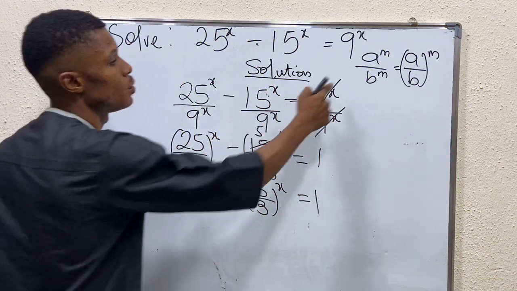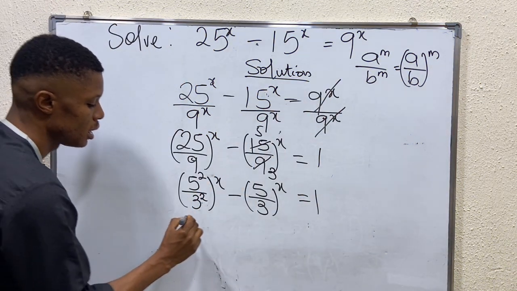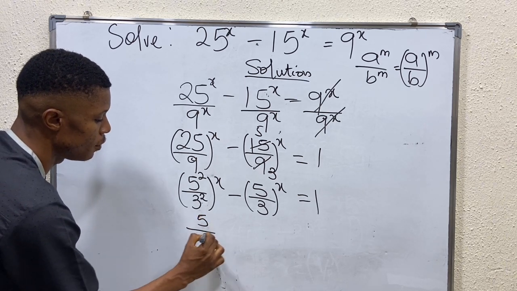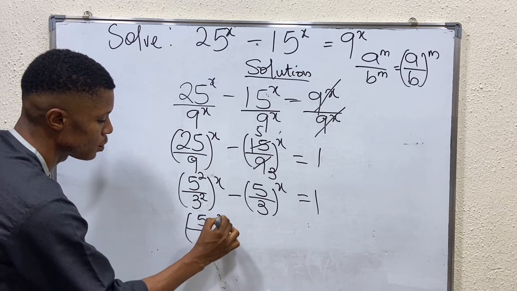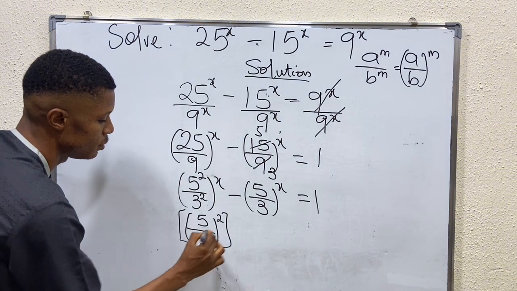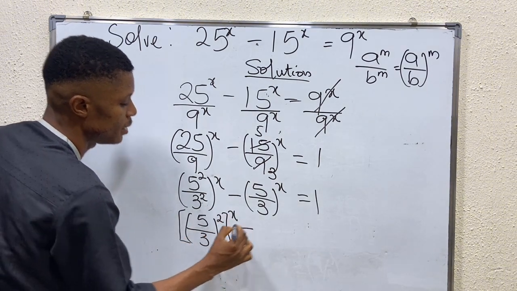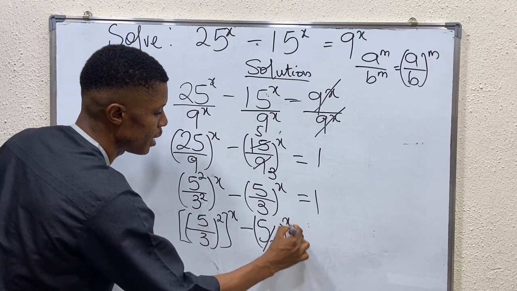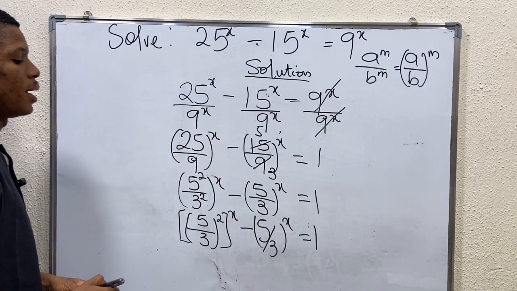To apply the same rule, we have 5 over 3 all squared, then raised to power x, minus 5 over 3 raised to power x is equal to 1.